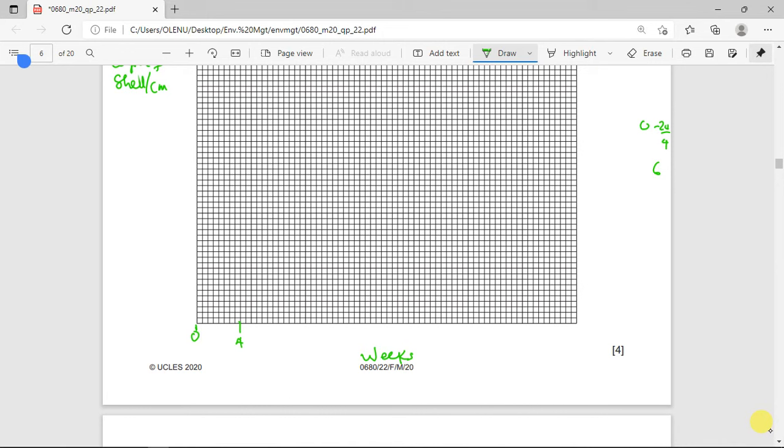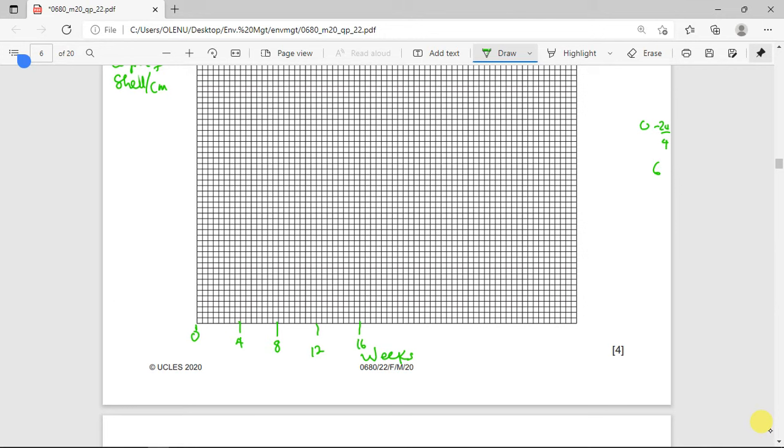Then another 8, that will give me 8, and another 8 is 12. 12 plus 4 will give me 16.